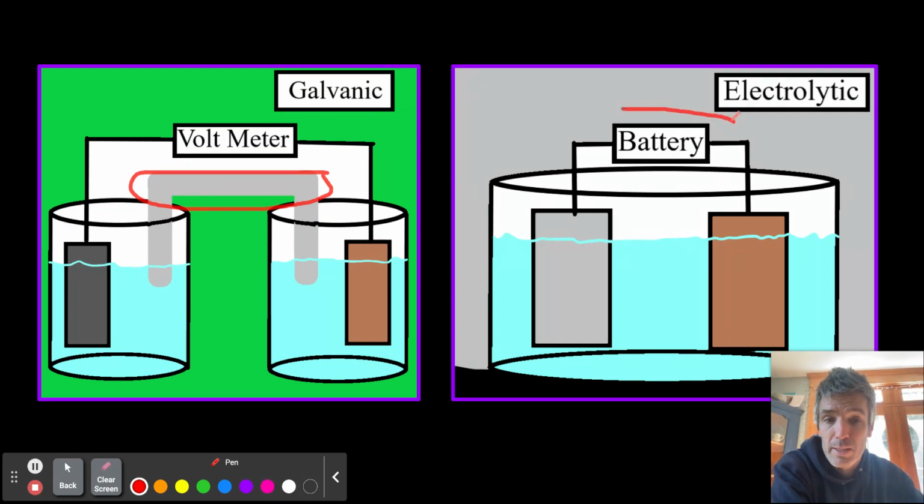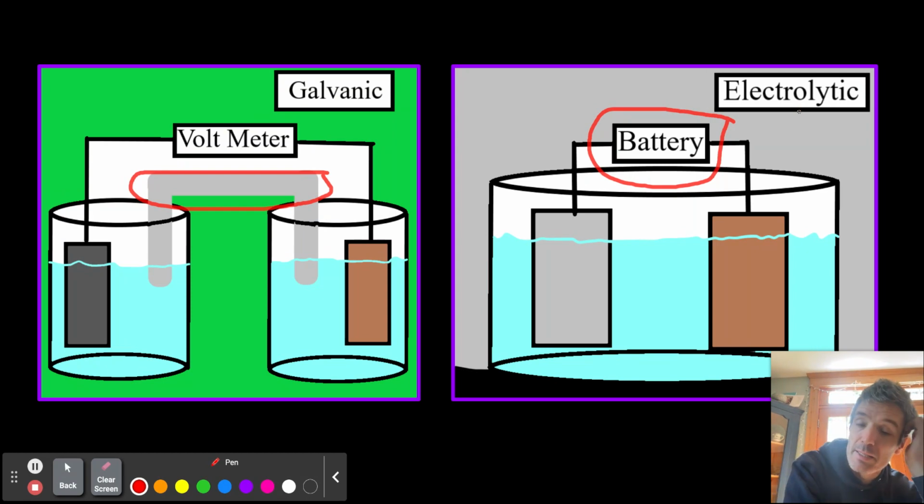And the other thing that is different is your battery. Galvanic cells don't have a battery, whereas electrolytic cells do. The reason is galvanic cells will happen on their own, provided you've got your circuit, and they will produce current, whereas electrolytic cells require current.